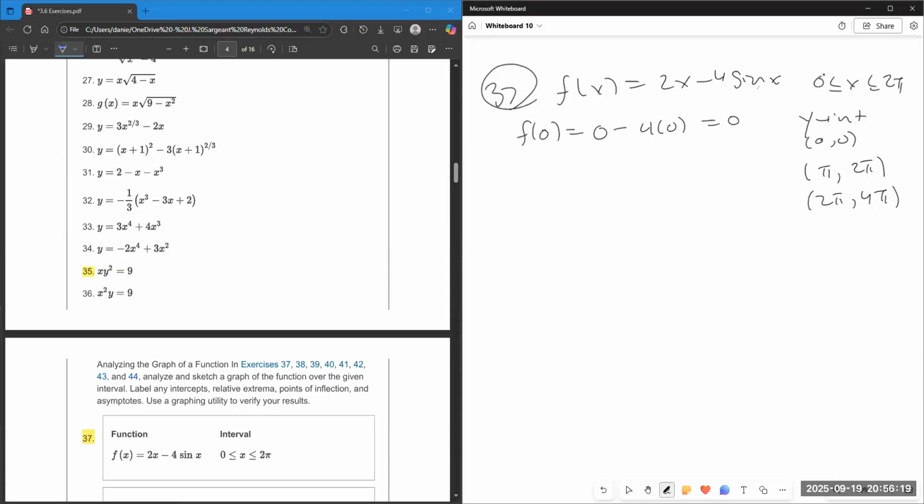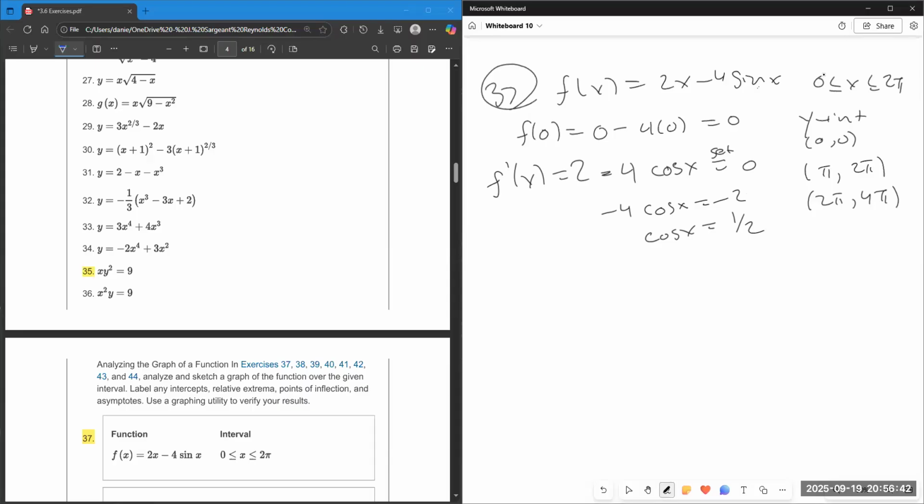Let's prove that with a derivative though. f prime of x is equal to 2 minus 4 cosine of x, and let's set that equal to 0. Negative 4 cosine of x is equal to negative 2. Cosine of x is equal to 1/2.